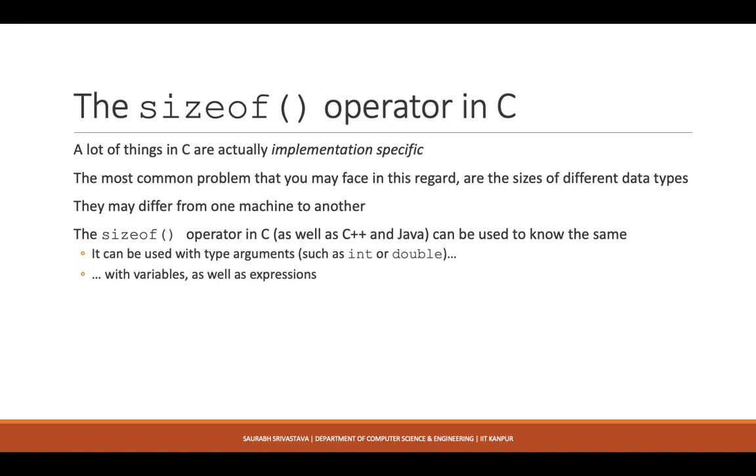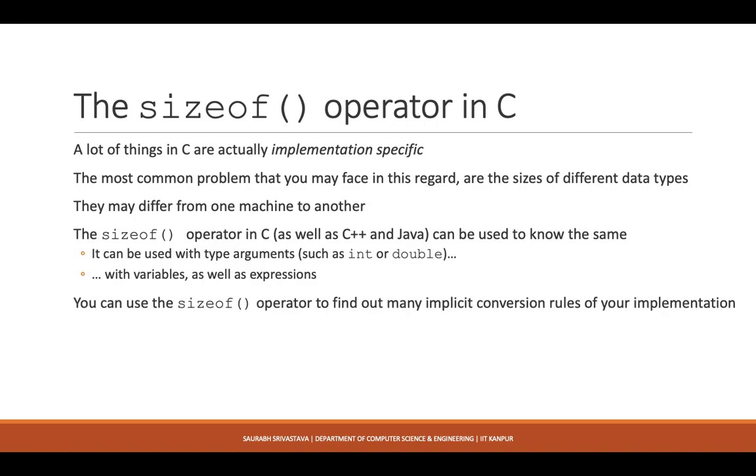Another thing it can do is give you sizeof for expressions. You can write expressions which have variables of different types, and then put them in the sizeof operator, and this will give you a very good idea of how implicit conversions by the compiler take place.